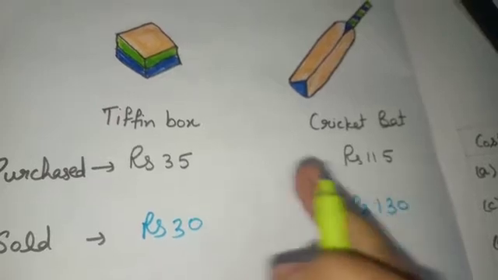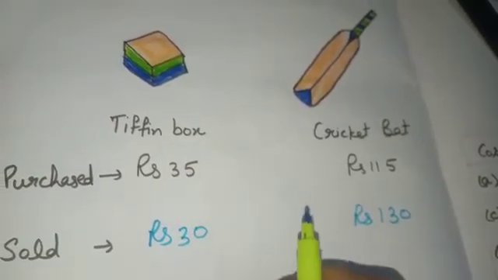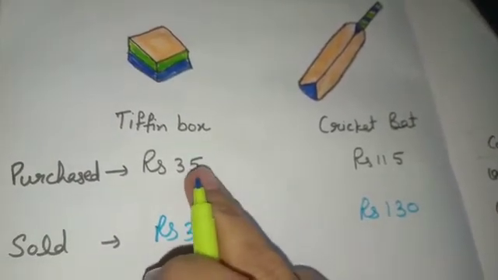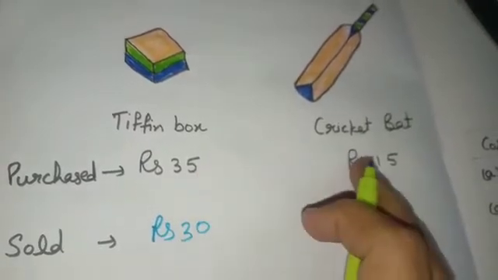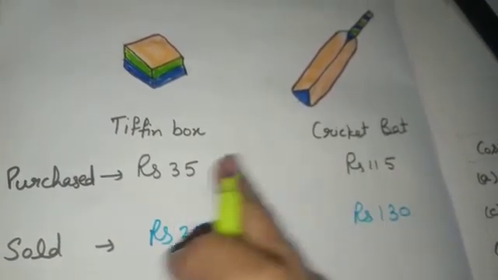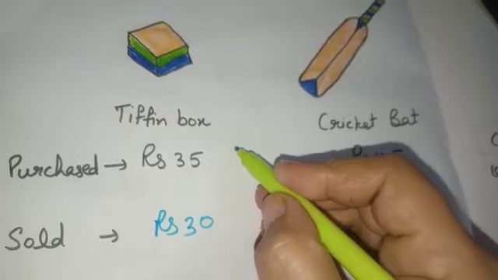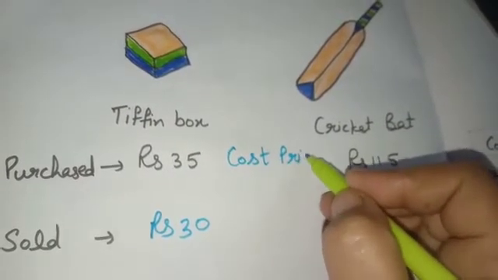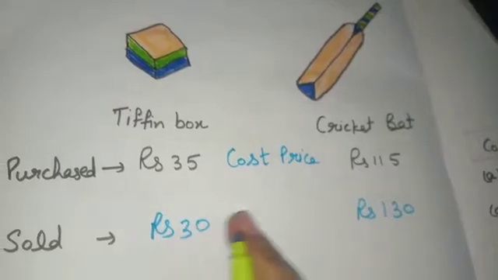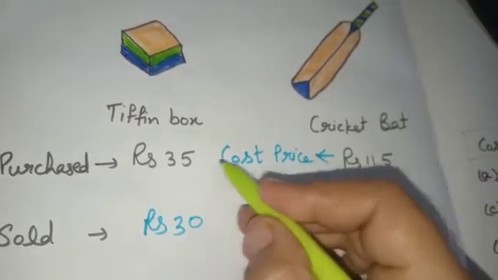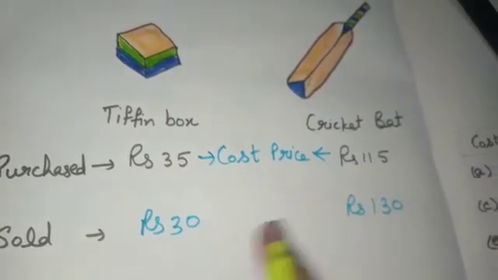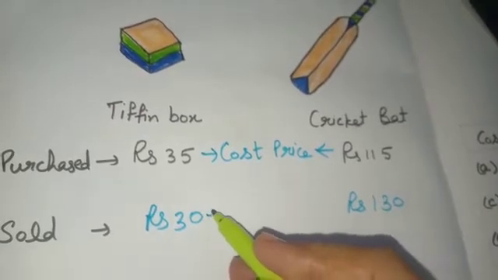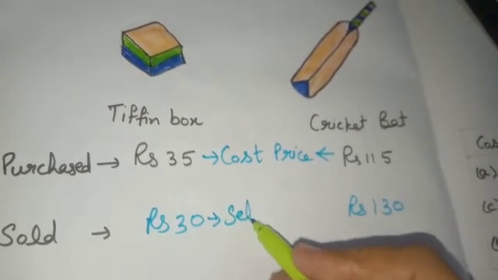So here two new terms are being introduced. The price, the rate at which something is purchased, is called cost price. And the price at which something is sold is called selling price.